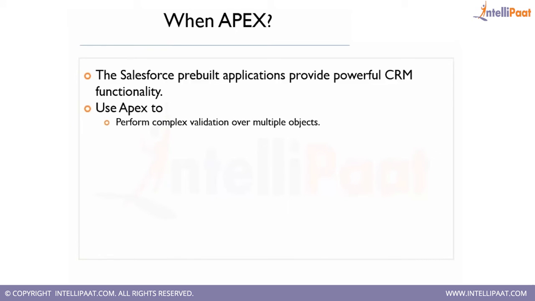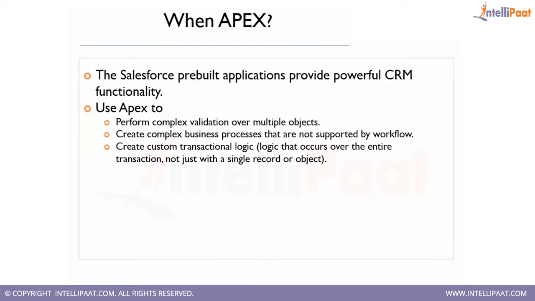We need to use Apex when there is a complex validation across objects, when the business logic to be supported is very complex, involves multiple objects, and cannot be done with the help of workflows. We also use it to define email services: anything email coming into Salesforce, I need to read that email and act accordingly.